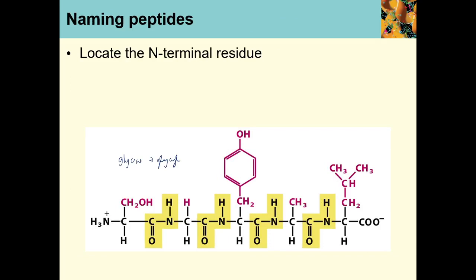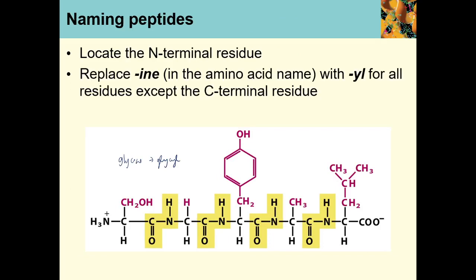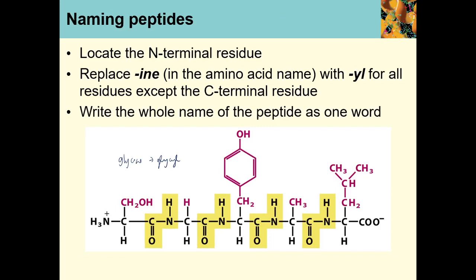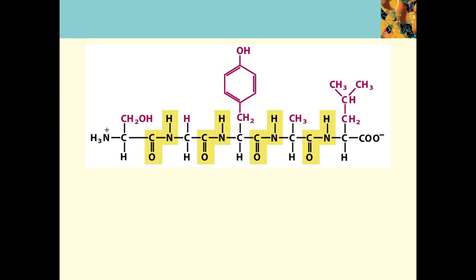So now let's apply the rules on the naming of your peptides, based on the three rules that we enumerated a while ago. Again, the first thing to do is to locate the N-terminal amino acid. So this one is your N-terminal amino acid.